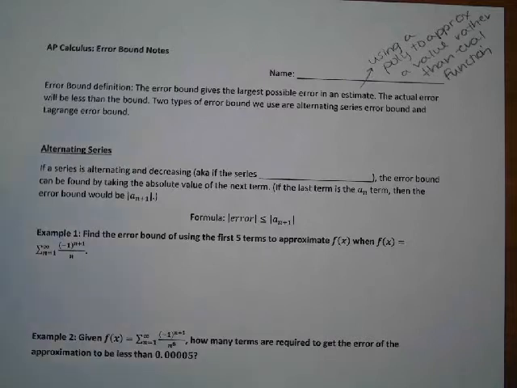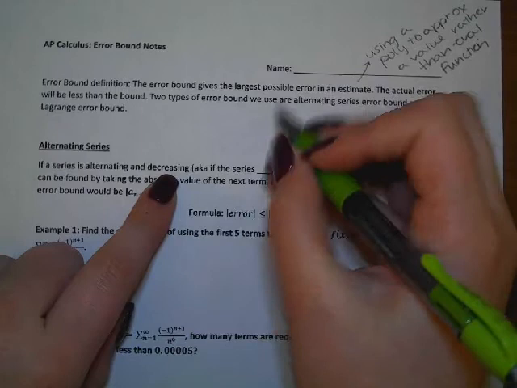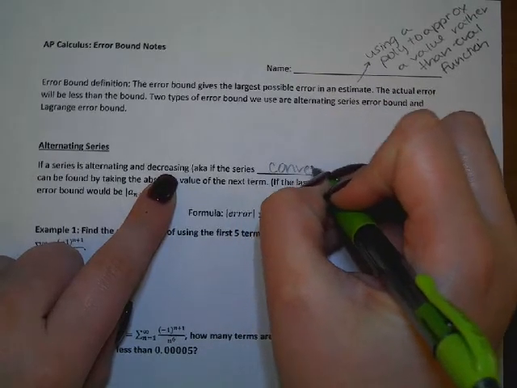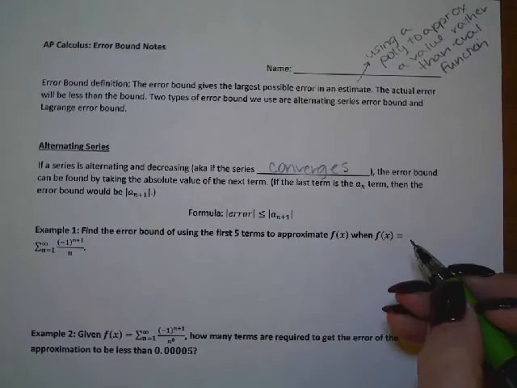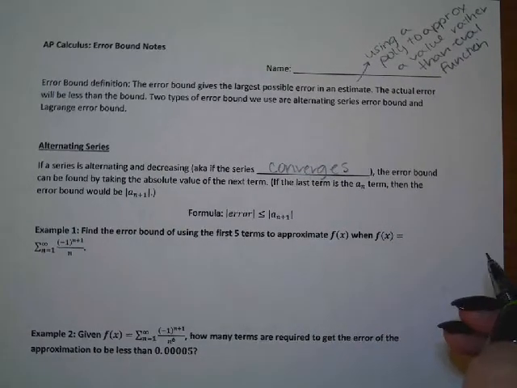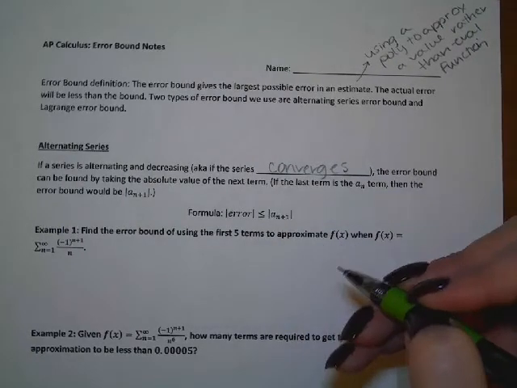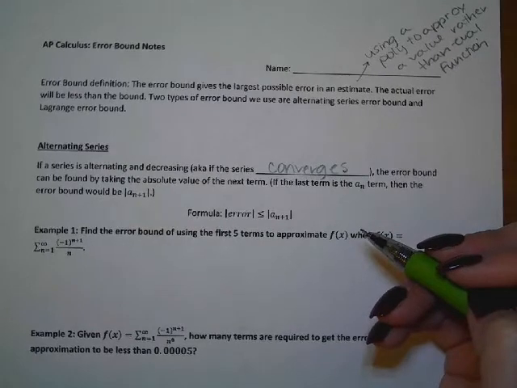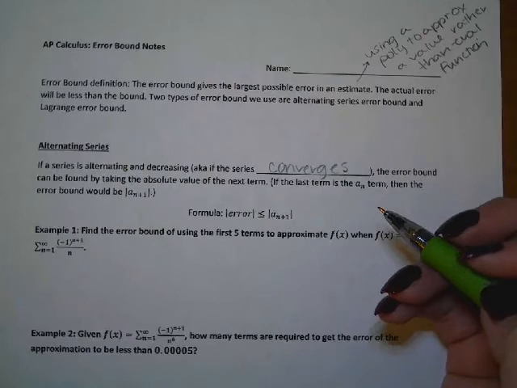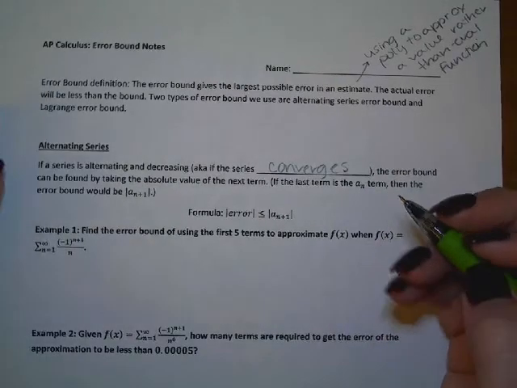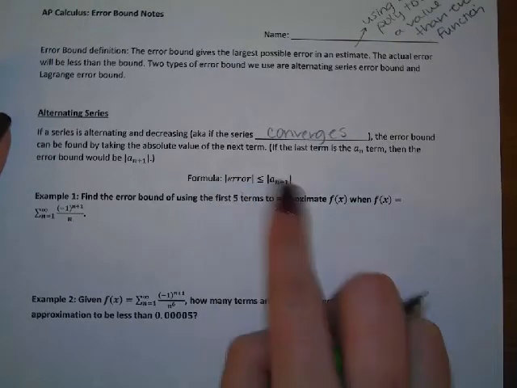All right. So if a series is alternating and decreasing, which is basically just saying that the series converges, the error bound can be found by taking the absolute value of the next term. So if your last term was a sub n, then the error bound would be a sub n plus 1. If you're going up to the 5th term, then the 6th term is the one that would show you how far off your answer could possibly be with a conservative estimate. So here, the formula says the error is less than or equal to the next term.